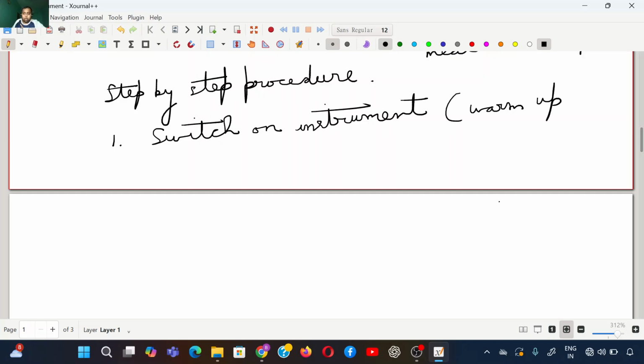The first step is basically to warm up the hollow cathode lamp of the element of interest.